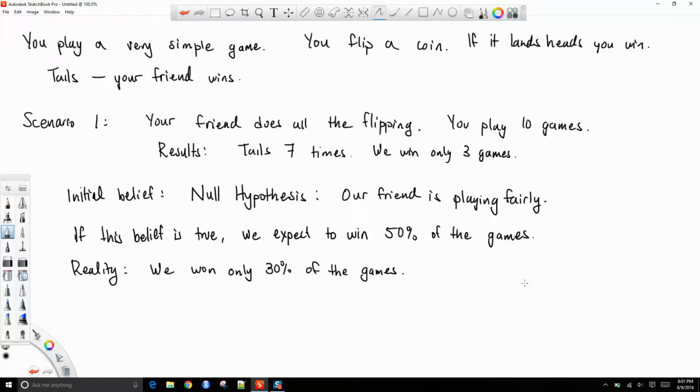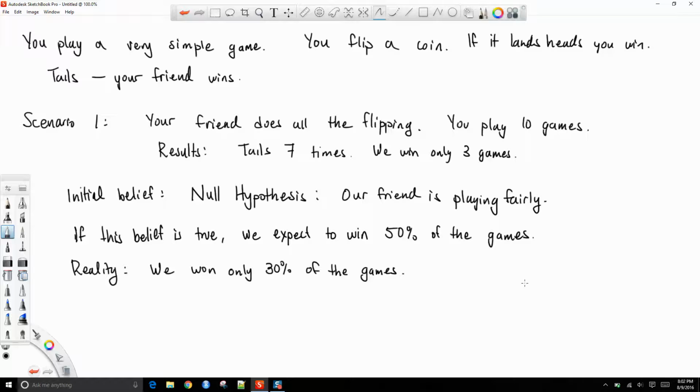At this point, you've played 10 games and you've only won 3 of them. Would you accuse your friend of cheating? Would you say, I think you've done something to the coin to give yourself an advantage or to disadvantage my probability of winning? No, probably not, right? We could just say, oh, bad luck.